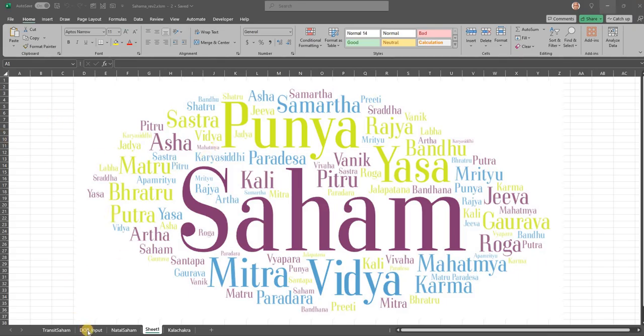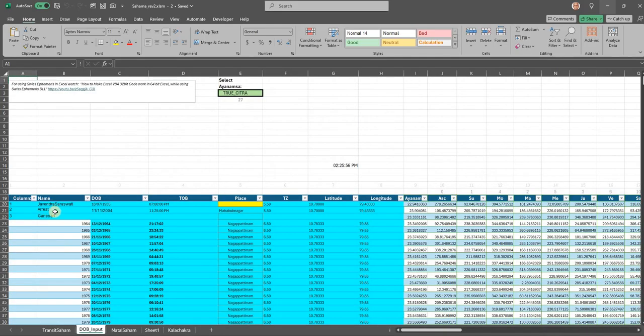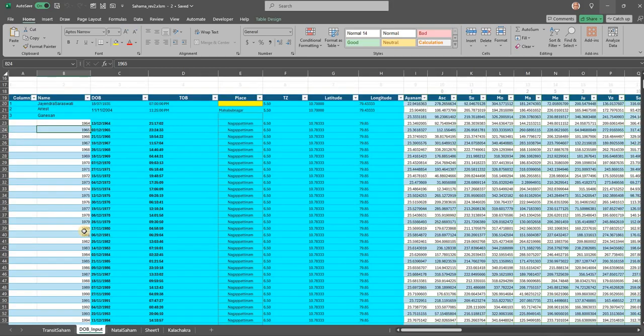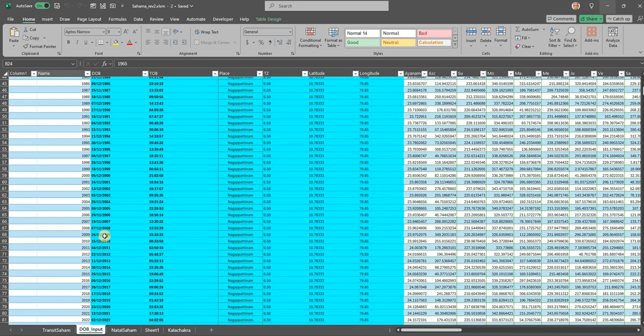As before, I have given the DOB input. I gave my own chart, just not displayed here. For each year, for 120 years after my birth, I had already run the Tithi Pravesha chart, and I had already told you how to run that. For each year I got the time when the Tithi Pravesha happens, and I put it for my birth location, so I know the date and time for each year.